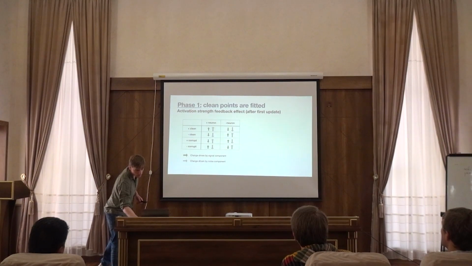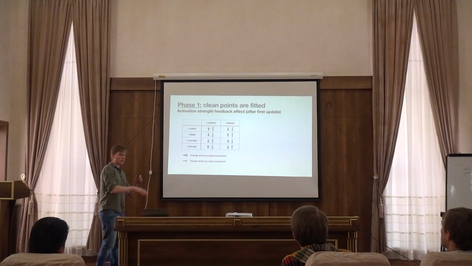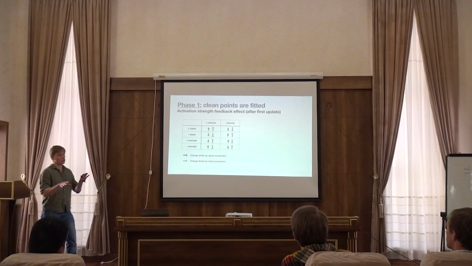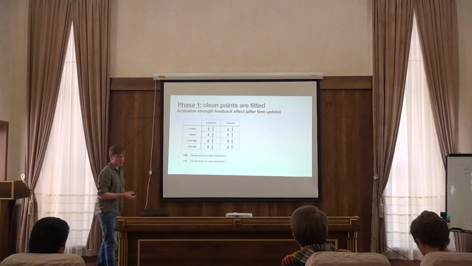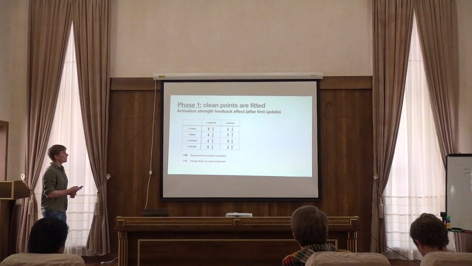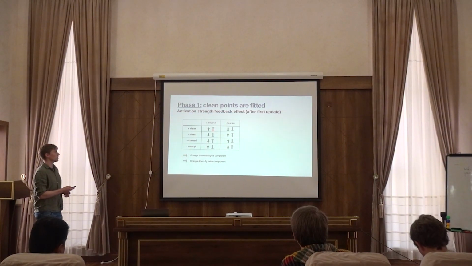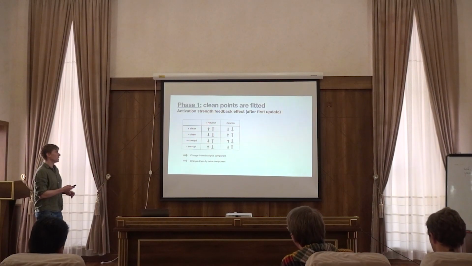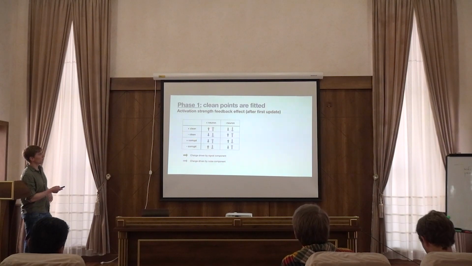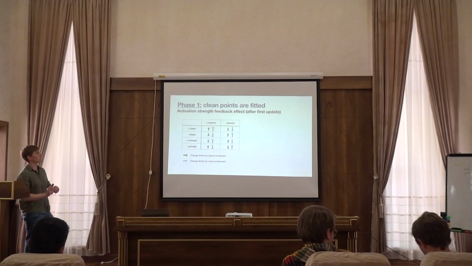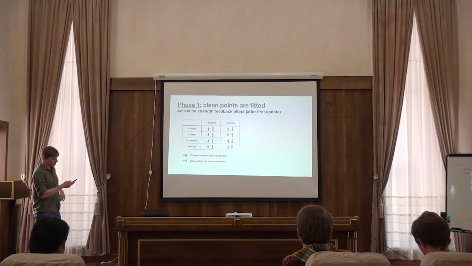So, phase one. Essentially we can break the analysis down into two phases: one in which the clean points are fitted, and a second in which the corrupt points are fitted. The point I'm trying to make is that early on, for clean points, the signal and noise components push a positive neuron in the same direction, in some sense in their activation.